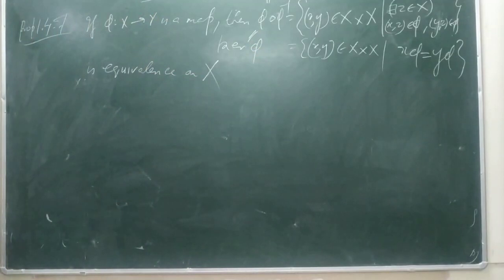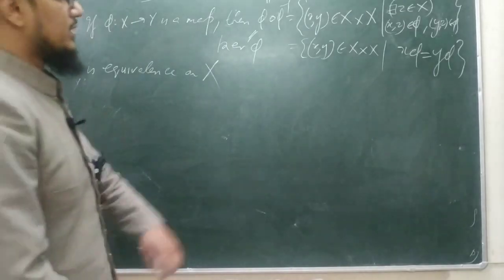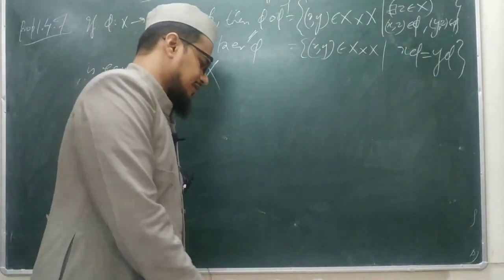Kernel of phi is equal to phi composed with phi inverse, the set of x comma y belonging to X cross X, such that, of course, how these sets are equal to each other.